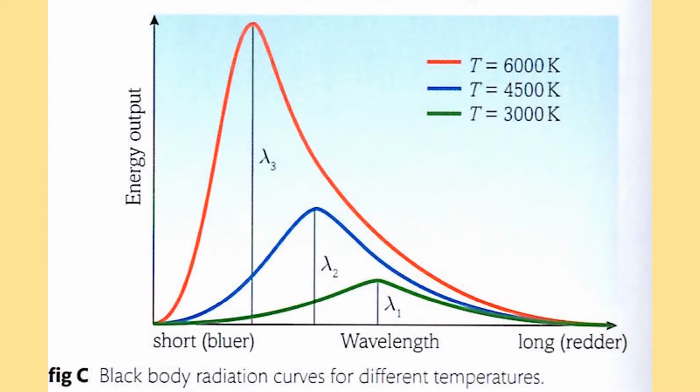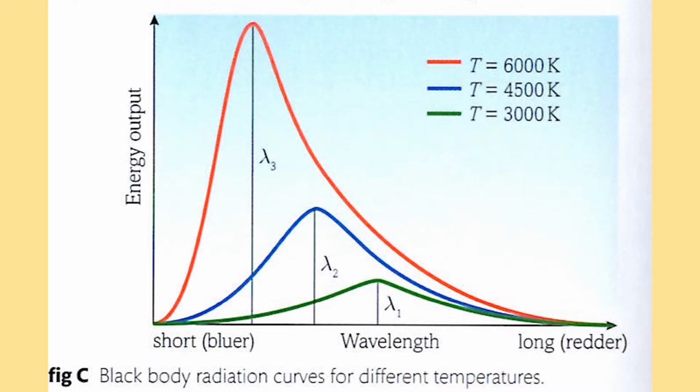So this graph here shows perfect black-body radiation. If we have a star that is at 6,000 Kelvin, we could follow the red line. You can see there's complete total emission. There's a smooth curve with a peak at wavelength lambda 3. We'll talk about these peaks and these wavelengths in a moment.